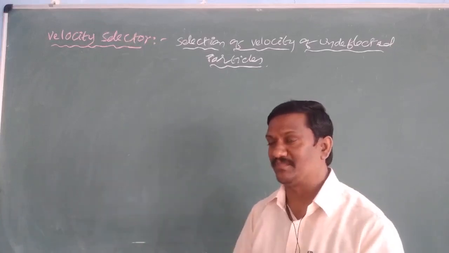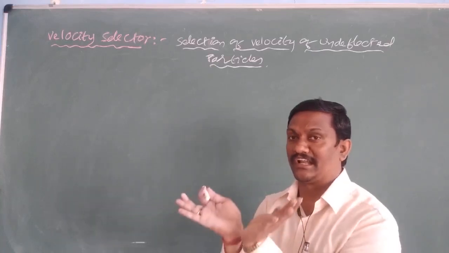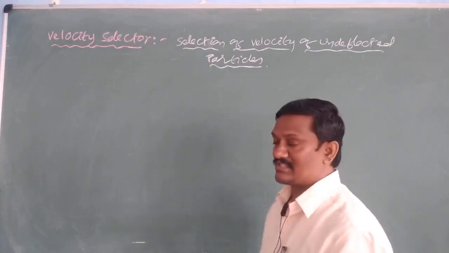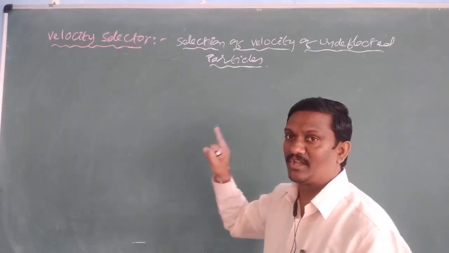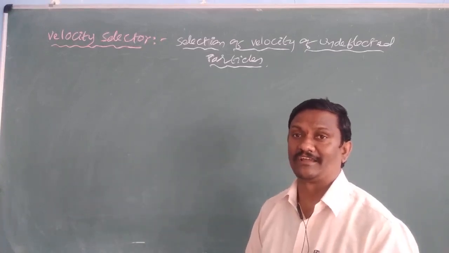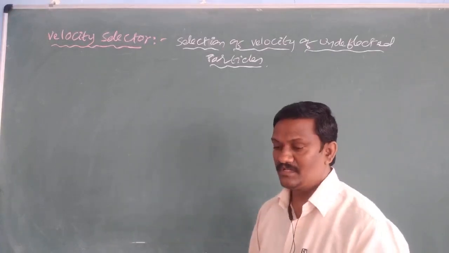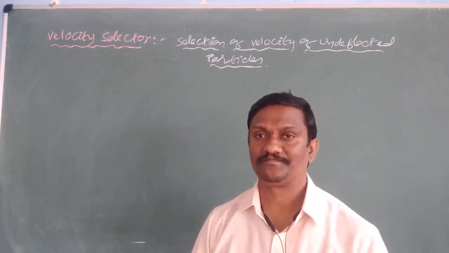But for some particles, both electrical force and magnetic force act in opposite directions and the net force is 0. Net force 0 means no force is acting, so the particle is undeflected and continuously follows the same straight line path. So we are selecting the velocity of undeflected particles. Selection of velocity of undeflected particles is called a velocity selector.